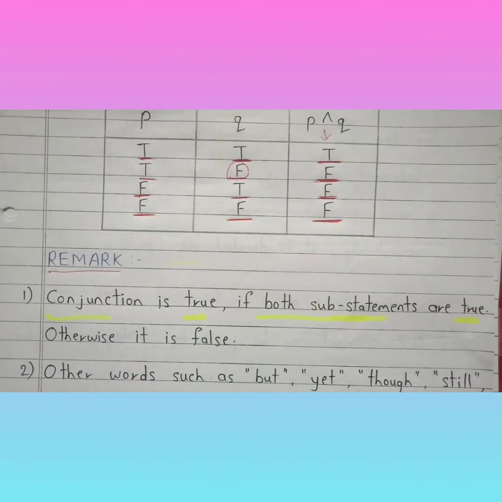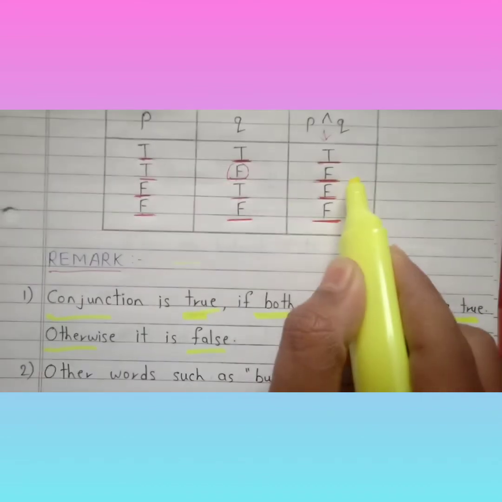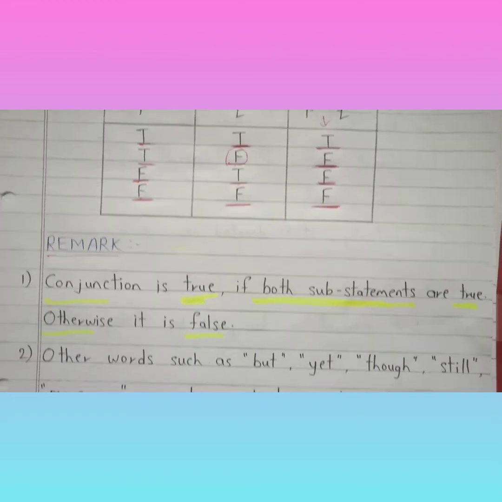Both substatements should be true, then only the conjunction becomes true. Otherwise it becomes false. Take any other case: true false becomes false, false true becomes false, false false becomes false. So otherwise it is always false. This is the first remark.